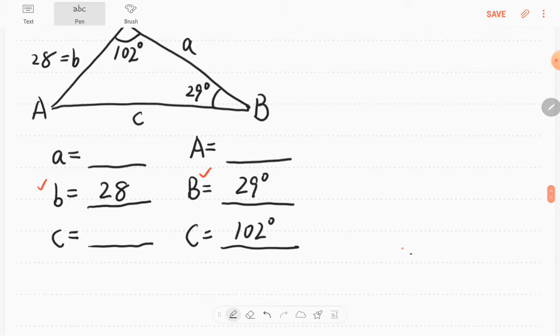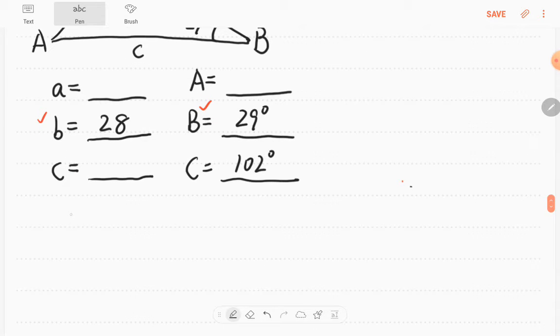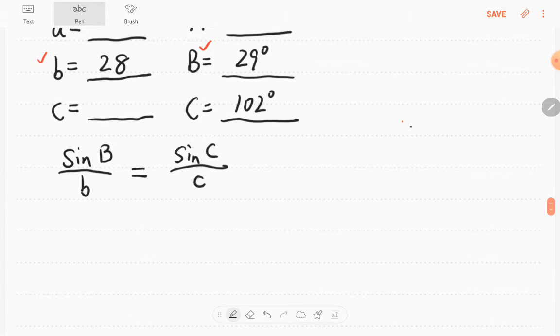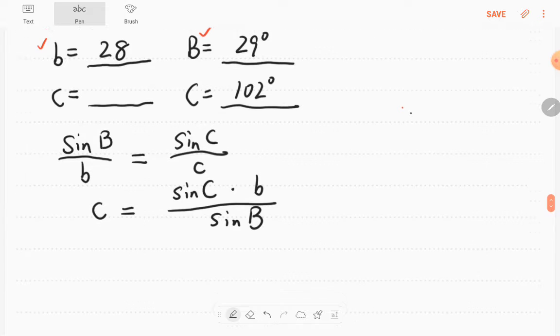Okay, so the first thing is, since we know angle C, we can solve for side c. So we can use the law of sines: sine B over b is equal to sine C over c, lowercase c. So c is equal to sine C times b over sine B, if you solve for c. Then we plug in the numbers.